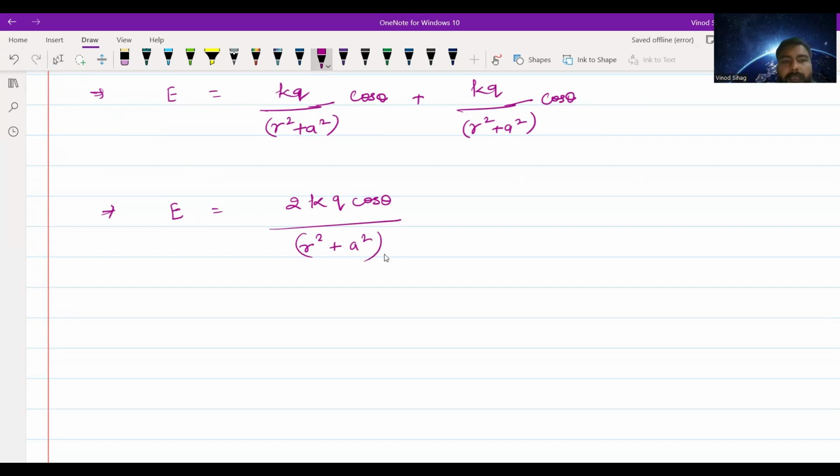This is the form of the electric field at the equatorial point: 2kq cos theta upon R square plus A square.